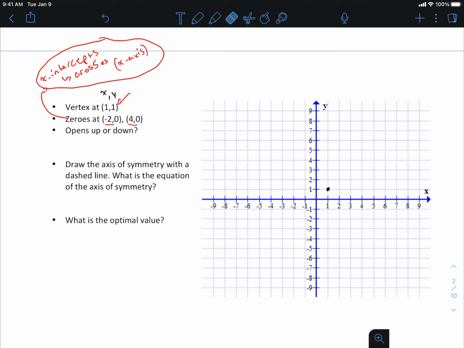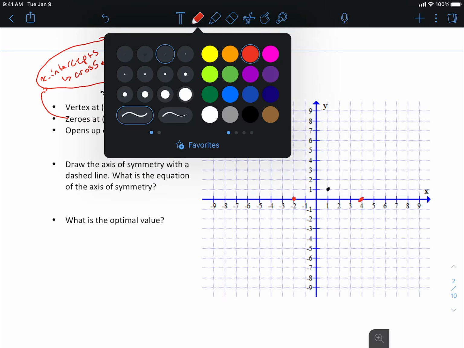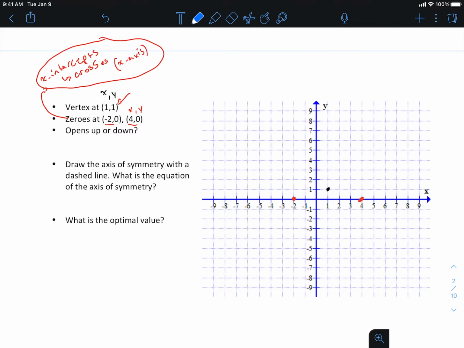So just go plot those 2 points. Well, where's (-2, 0)? Remember, x and y, right? Okay, well, x is always first, so I just go find -2 and 0, and 4 and 0. Okay, now if you were to connect the dots here, we'd get a parabola that does something like this.